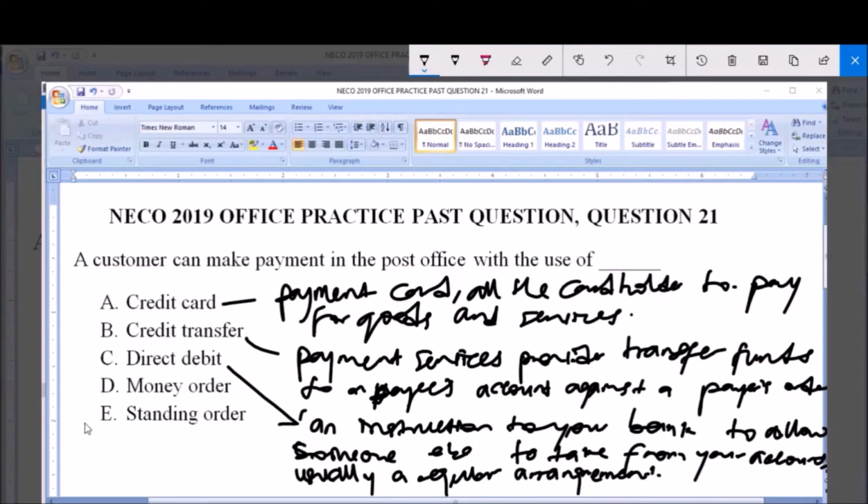Now money order, that's option D. Now what is a money order? Money order is a payment order for a pre-specified amount of money.